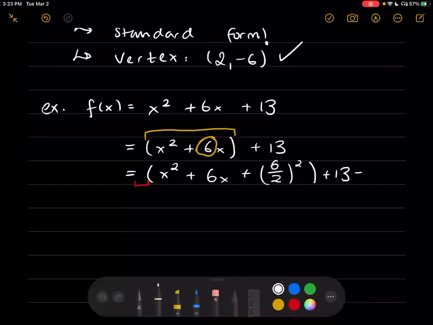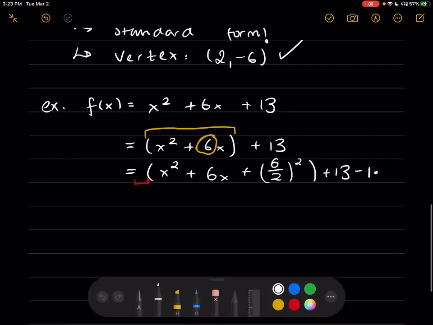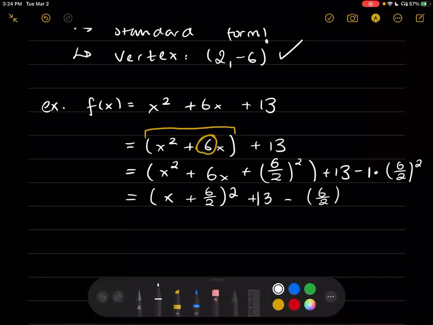So it doesn't really change anything, but we can put a 1 there just so we can keep track of what's going on. 1 times this thing here, which is 6 over 2 all squared. So now we're adding and subtracting the same thing, so equals is good to go. Now we can apply our formula to the thing in parentheses, and we get x plus 6 over 2 all squared. And then the same on the outside, plus 13 minus 6 over 2 all squared.